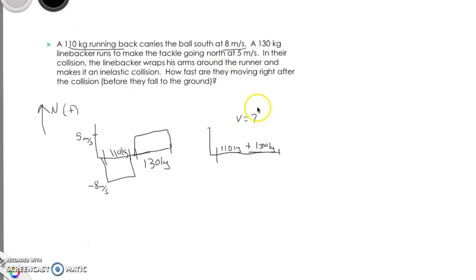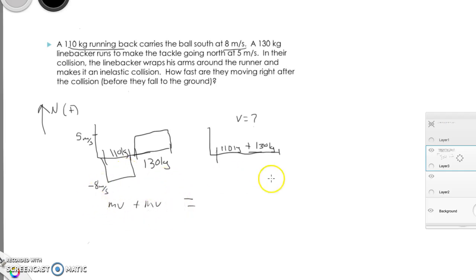I want to find this velocity, and the way we do this is by using the momentum. The momentum represents the area of these boxes. When we multiply the mass times velocity for each piece, that gives us the momentum. The rule is, the total momentum of the system has to be conserved. On this side I'm going to write it like this, since those two masses combined and travel at the same velocity.